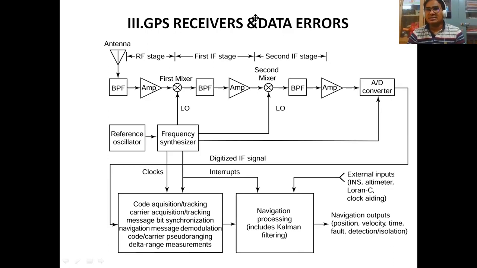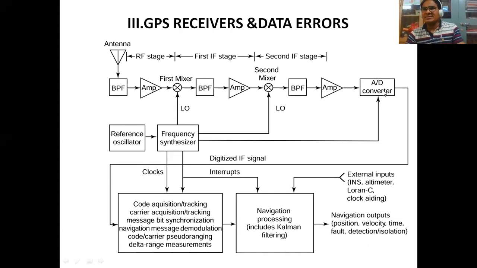The rightmost block in the first line is the analog to digital converter. You can take any type of ADC that you have studied in your previous semester, like flash ADC or comparator type ADC, or any A to D converter, whichever is suitable for this application.